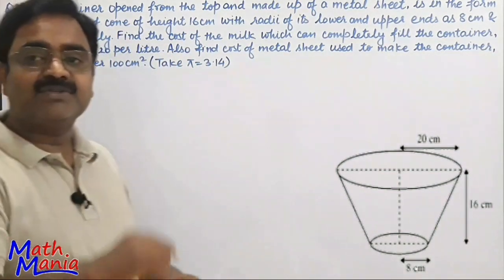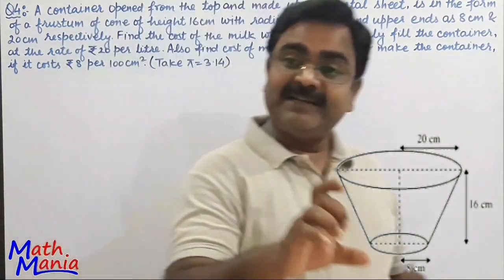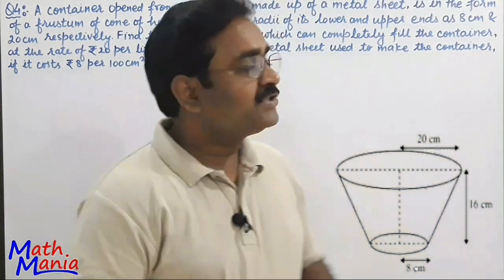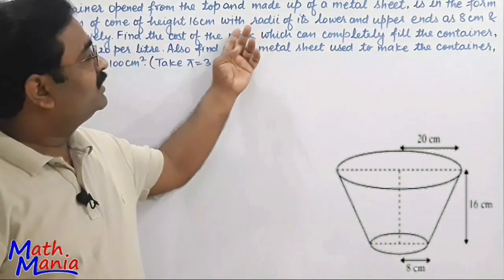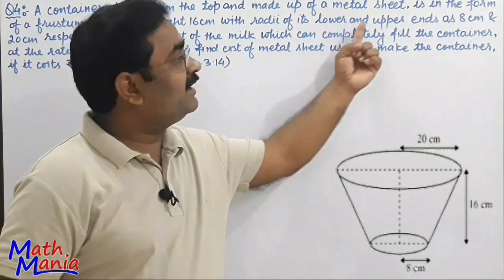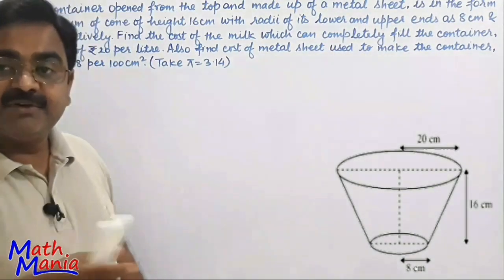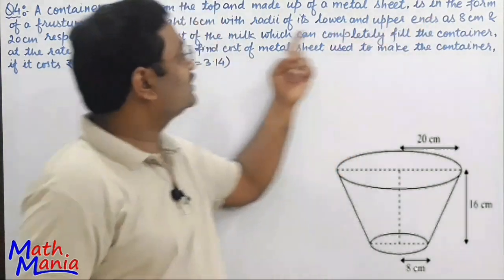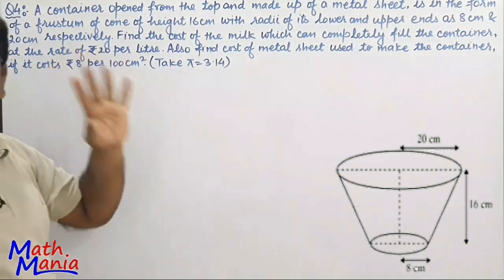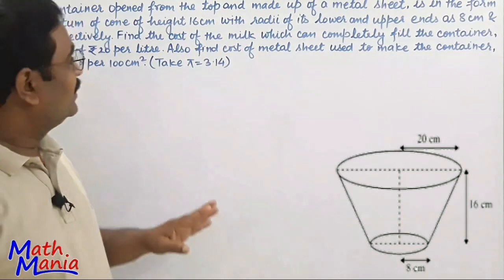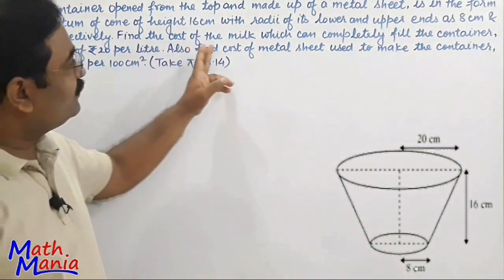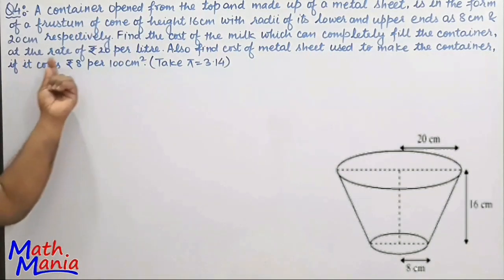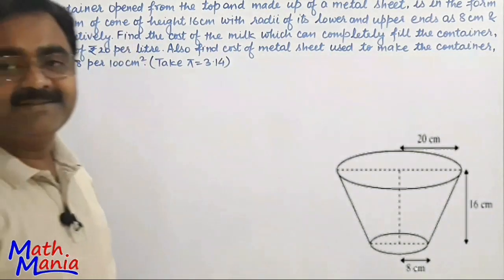So the height of that container is 16 centimeters. Next, the radius of its lower end is 8 centimeters and the radius of the upper end is 20 centimeters respectively. Find the cost of milk which can completely fill the container at the rate of rupees 20 per liter.